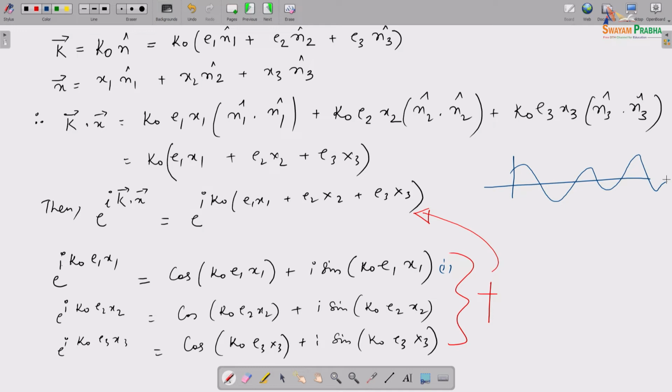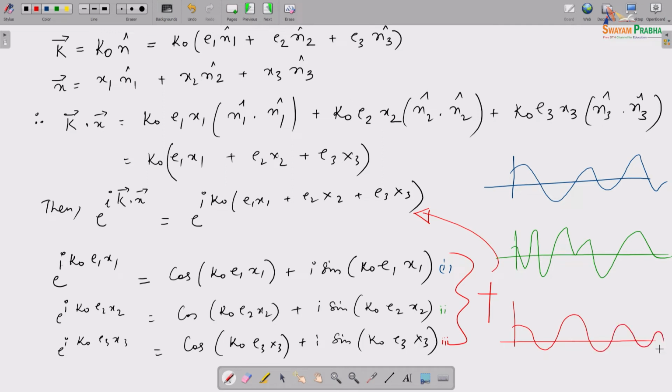The next one, let's say the second, maybe something like that. Now you add all the three. You see the picture developing? You add all the three. What do I mean by that?